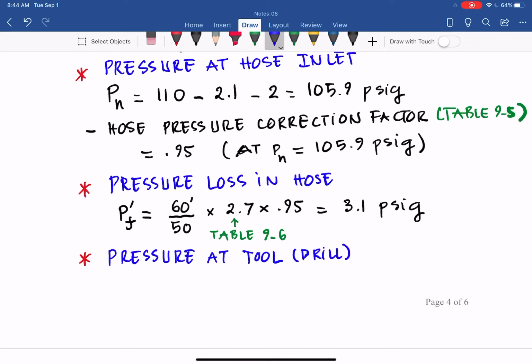We will have the PT equal to, from the inlet, the hose in the inlet 105.9, subtract the loss throughout the hose 3.1, then we will have 102.8 psig, and that basically the answer.